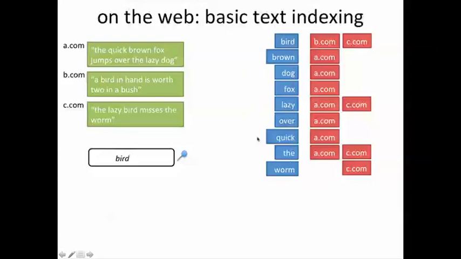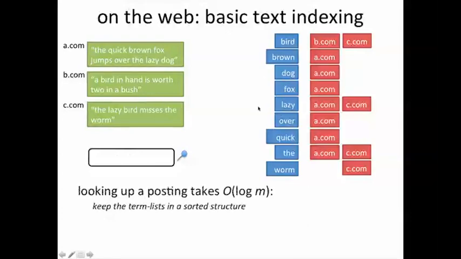So assuming some sorted structure, such as a binary tree, which you may have studied in your data structures courses, is used to store all these words, then looking up a word takes log m time. In fact, you can do a little bit better if we use hash tables, but we won't go into that in detail right now.